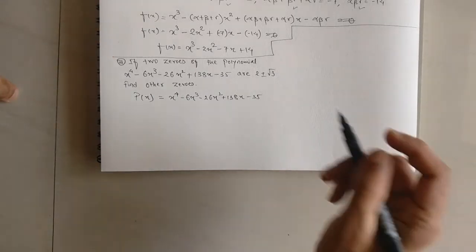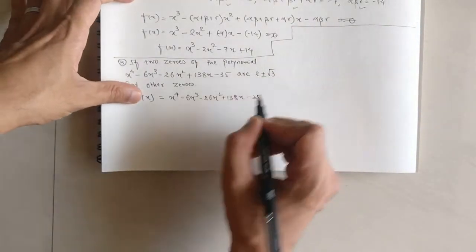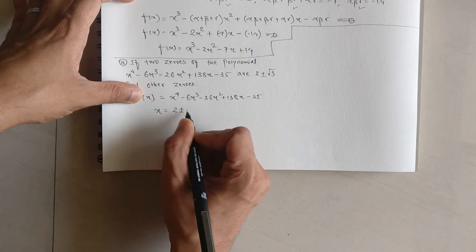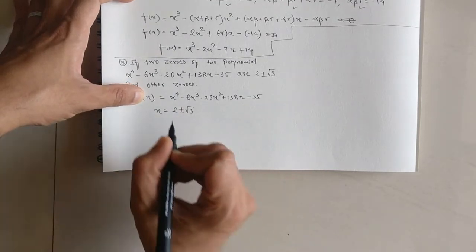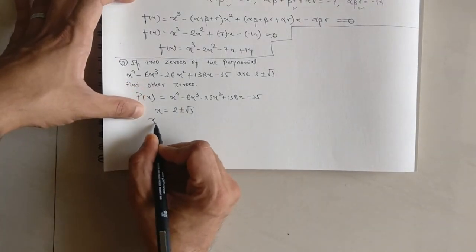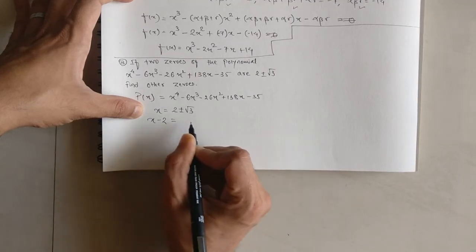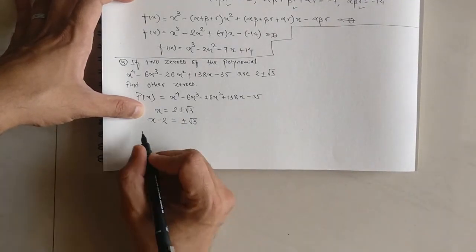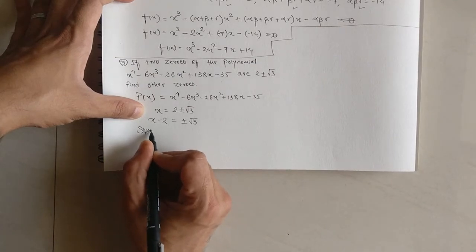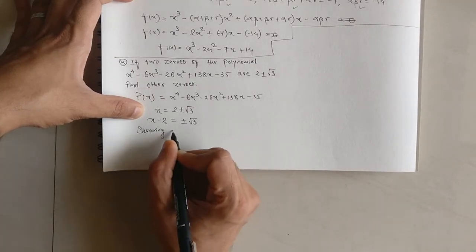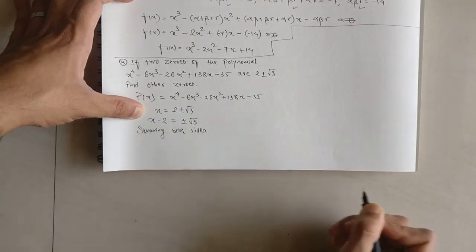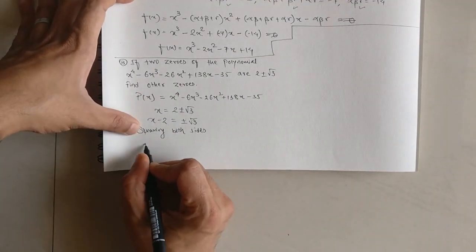What is your 0? 2 plus minus root 3. So x is equal to 2 plus minus root 3. So can I write this as x minus 2 is equal to plus minus root 3, right? Now what I will do is squaring both the sides. So on squaring both the sides, what do I obtain?